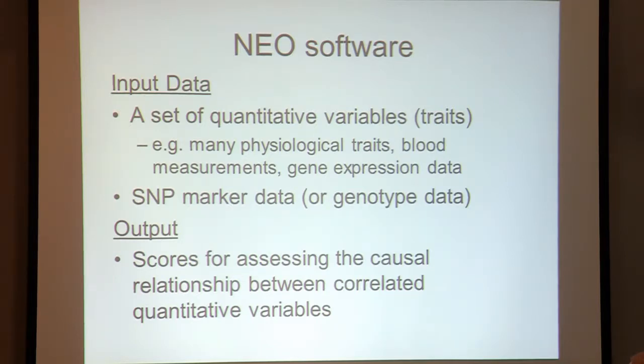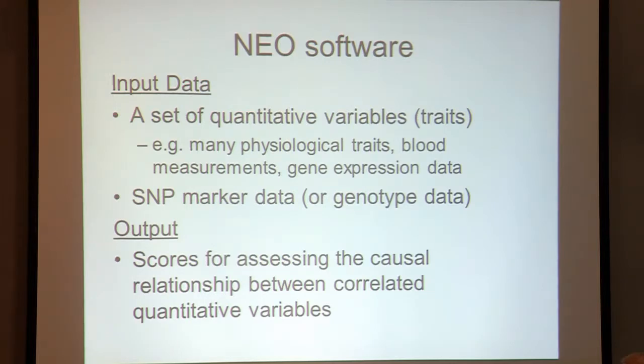The NEO software, and also the R software that I will describe shortly, takes as input a set of quantitative variables. These could be physiological traits or clinical traits, but also gene expression levels. Another critical input is SNP marker data or genotype data coded in a numeric fashion, for example 0, 1, 2, counting the number of minor alleles, but you could also have a recessive or dominant coding.